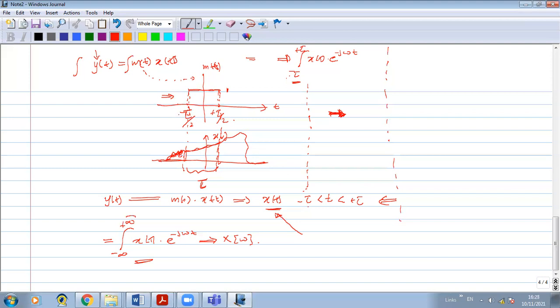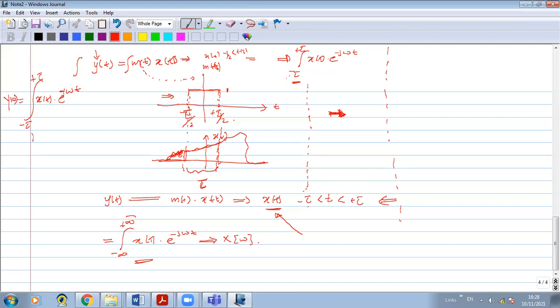So this signal is nothing but x(t) itself, but the t limit is minus tau by 2 to plus tau by 2. If you want to find the Fourier transform here, you have to integrate x(t) e to the power minus j omega t from minus tau to plus tau. So this is Y(omega).